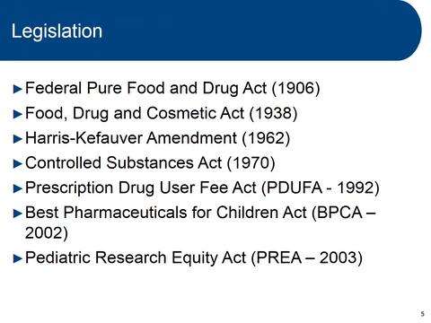About 30 years after that law, there was an amendment to that act, the 1962 Harris-Kefauver Amendment. In this amendment, it was required that drugs be shown to be effective. So, in 1938, it was the first time that drugs had to be proven safe. In 1962, it was the first time that drugs had to be proven that they actually worked.